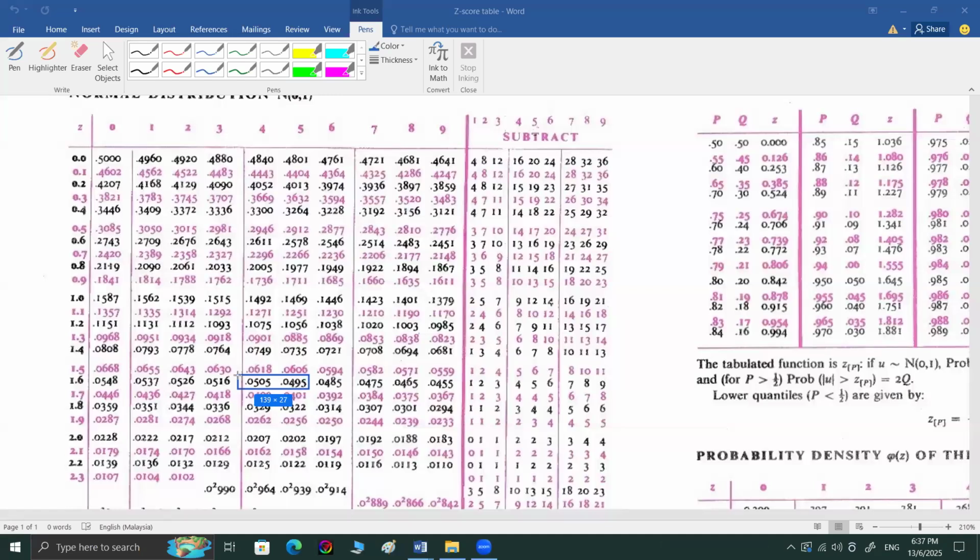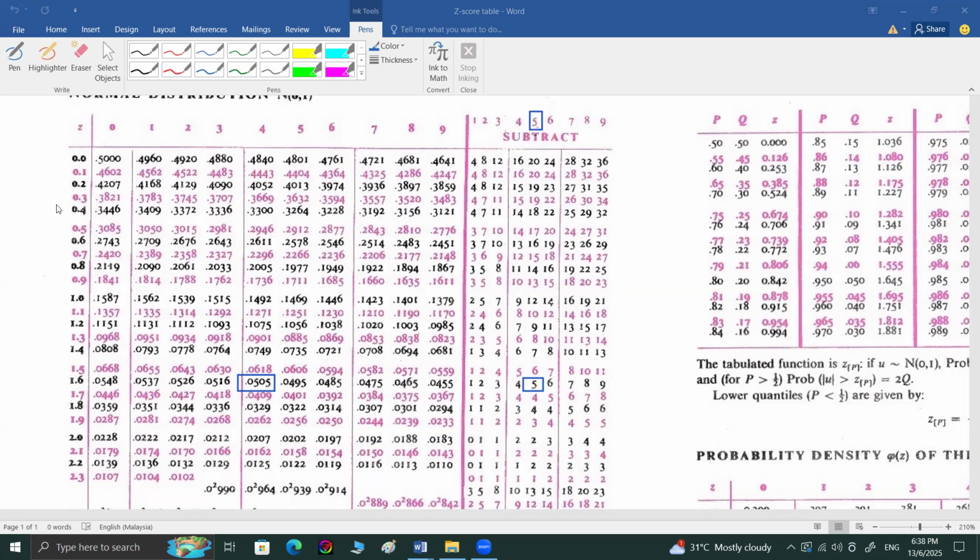So 0.05, I get this already. That is extra the 5. So 1.64, then you get extra of 5, then this value. So not extra of 5 here.